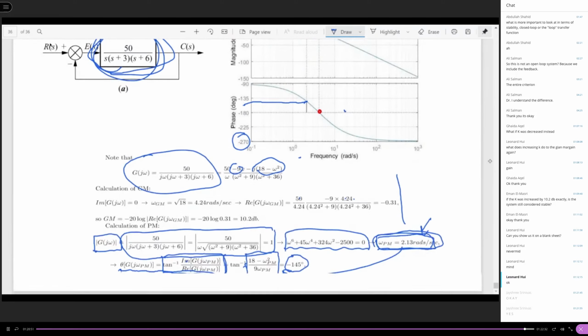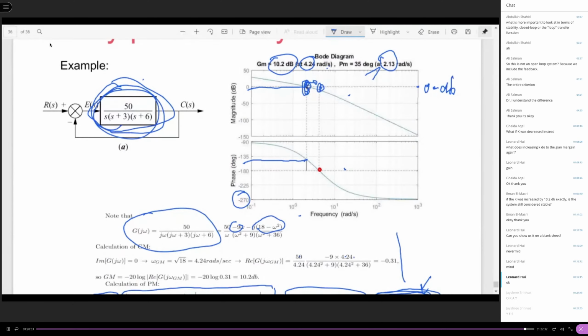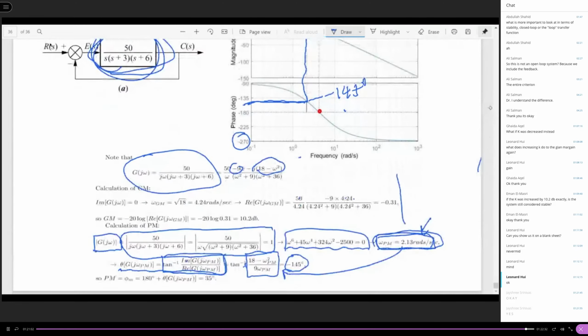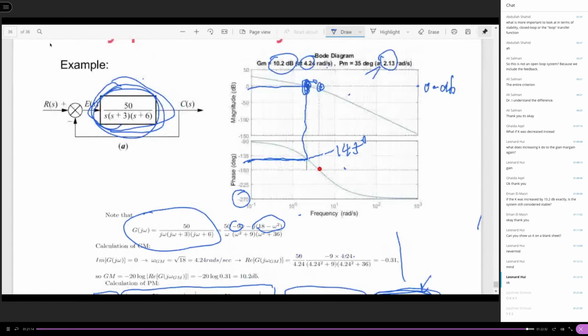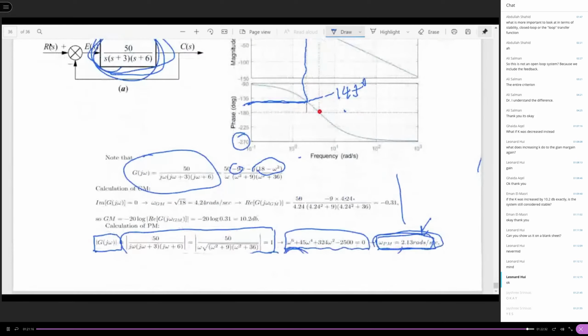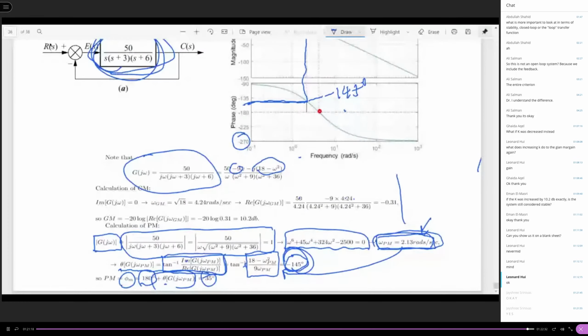Then corresponding to this crossover point, find its phase here. That is minus 145 degrees, which is calculated here. Once you have the phase, the phase margin can be easily calculated by 180 degrees plus this theta, which is 35 degrees.